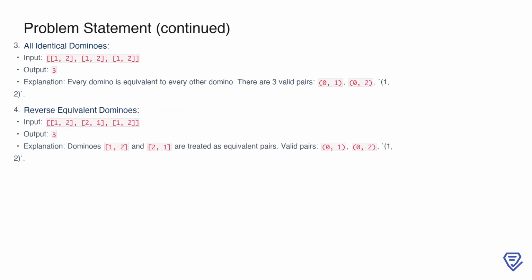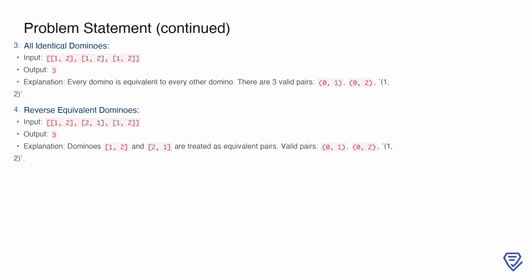Let's look at a few more edge cases to reinforce our understanding. In the case where all dominoes are identical, for example, 1, 2, 1, 2, 1, 2, the output is 3 because every domino forms a valid pair with each of the others. Specifically, we have pairs 0, 1, 0, 2, and 1, 2.